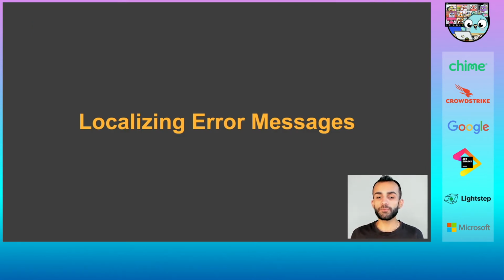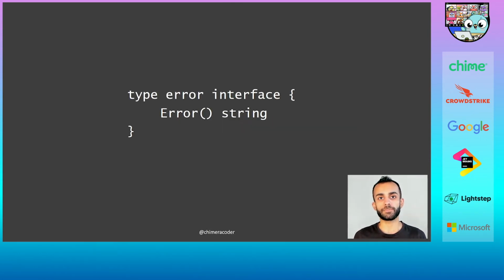Now, in programming software for reliability and high availability, handling failure modes is just as important as handling the successful operations. In fact, maybe even more so. And so it's critical that we give developers who are using our code insight into the error outcomes, regardless of what language they happen to speak, if we want that code to be used around the world. Now, Go has an approach to error handling that is different from most other languages.